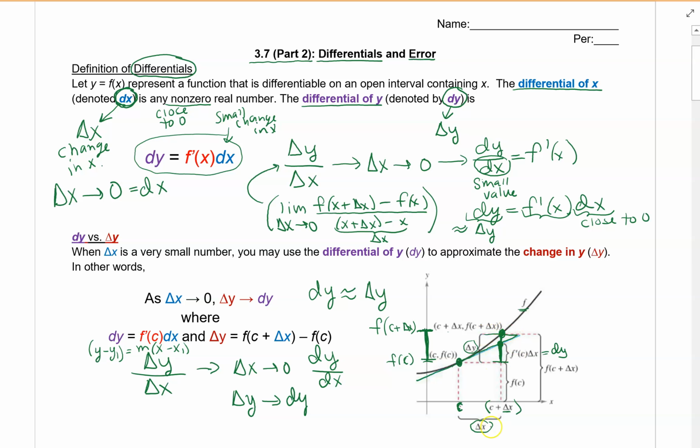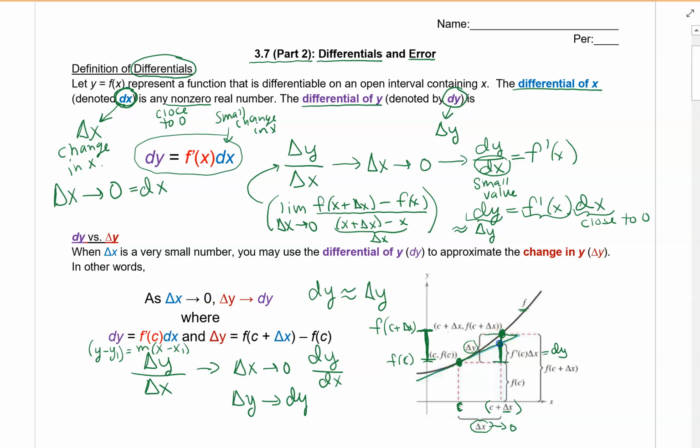Now, as I let delta x go to 0, right, then that delta y is going to get closer and closer to dy, because these points will get closer to this point over here. It'll move down here closer to c.